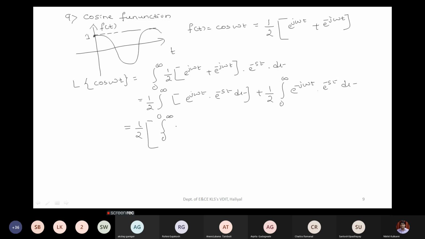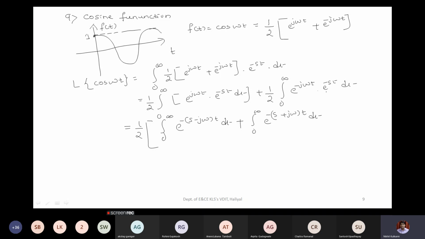Now you can take t as a common factor outside, so I can write e to the power minus (s minus j omega) t dt, plus again the integral from 0 to infinity of e to the power minus (s plus j omega) t dt.